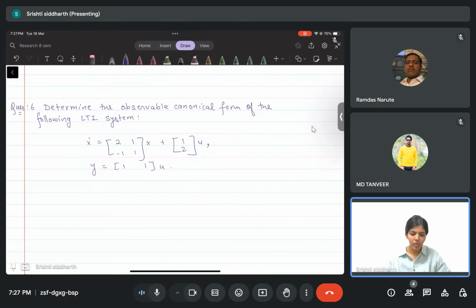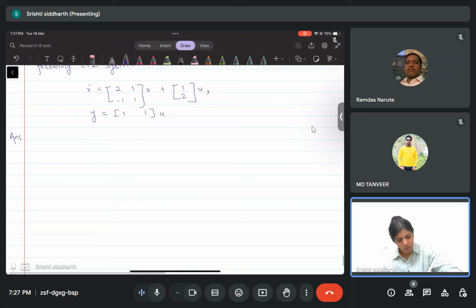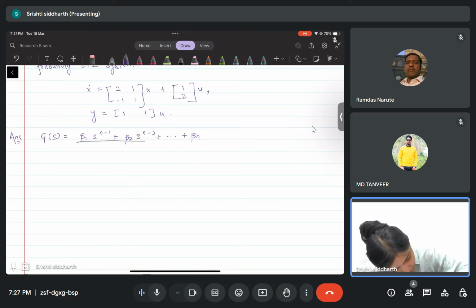What we can first do is convert the system to the controllable canonical form. And then by the principle of duality, we can get the observable canonical form. We know how to get the controllable canonical form, and just recall that if we have a transfer function G(s), and we need the transfer function to be strictly proper.